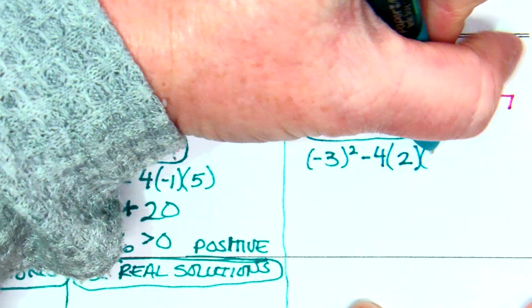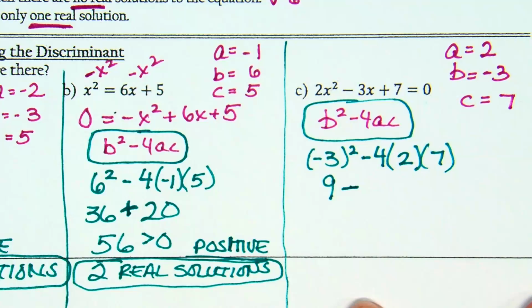Minus 4 times 2 is 8, times 7 is 56. What do you know about 9 minus 56? It's negative, yes? Do you have to know what that negative is? Only if they ask, which, in all honesty, I think Math Excel might ask. But yep, negative 47.